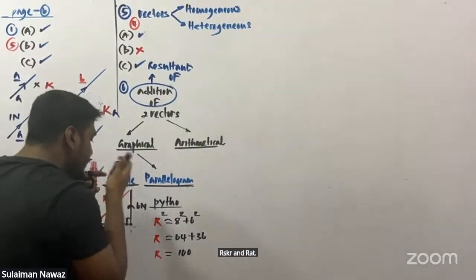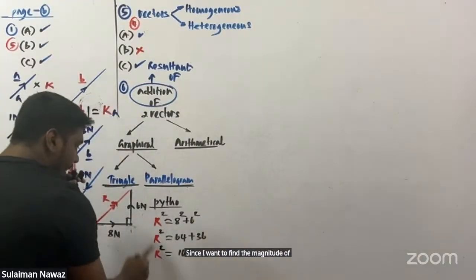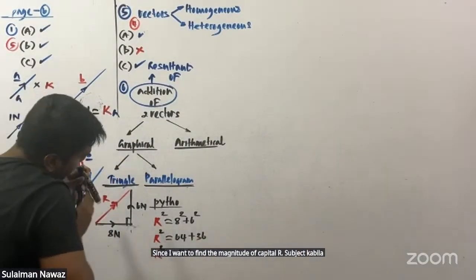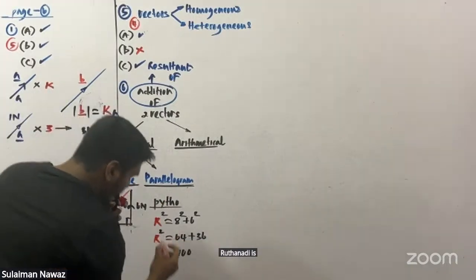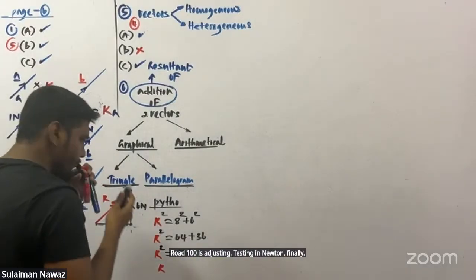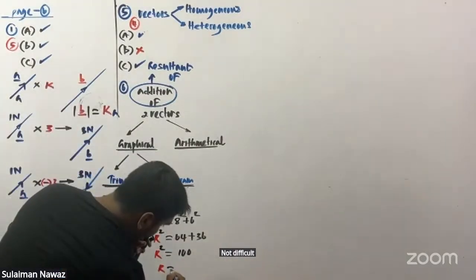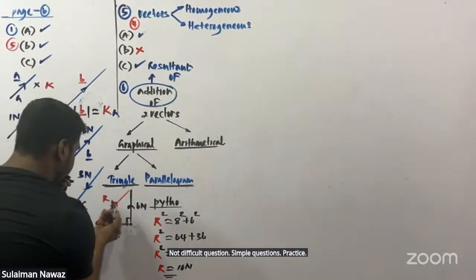To find the magnitude of R, take the root: root 100 is 10 Newton. Not a difficult question, simple, just practice. R is 10.